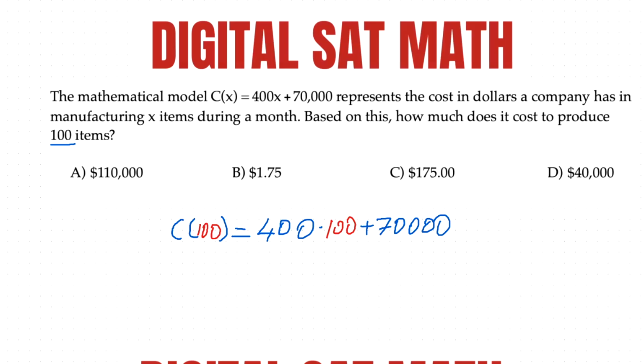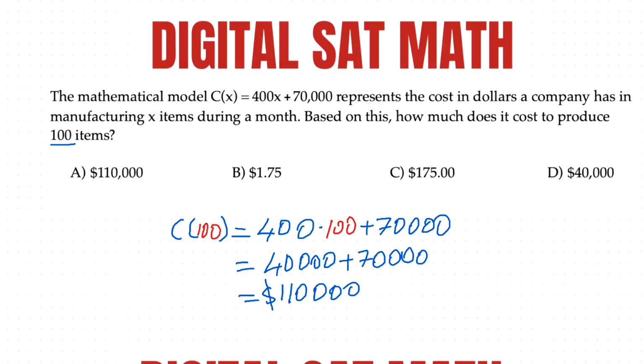You can multiply 400 by 100, which will give you 40,000. Or you can easily add 2 zeros right next to 400. That's the shortcut to multiply 400 by 100. Then we add this 40,000 to 70,000, and you will end up with 110,000 US dollars.